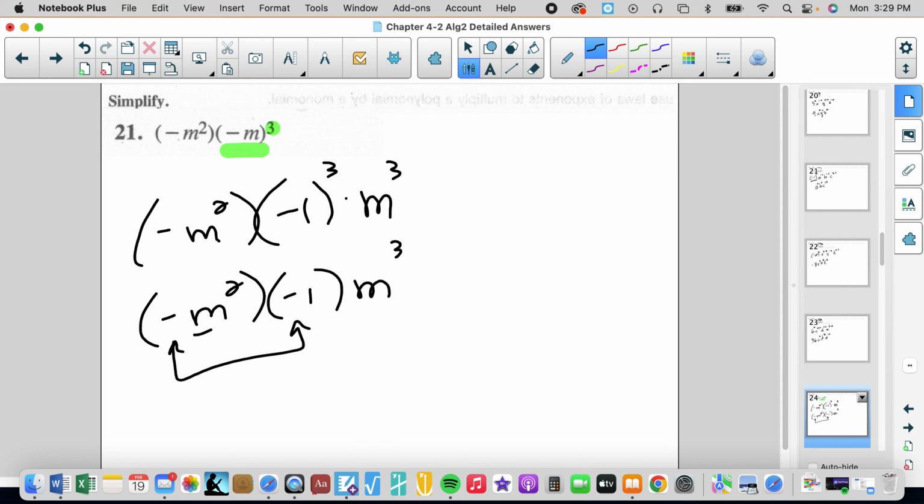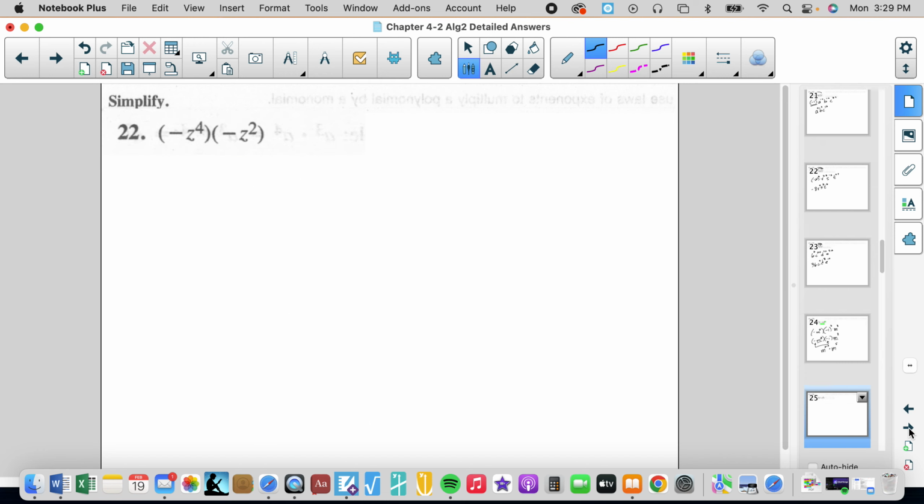We have m to the second times m to the third, m to the 2 plus 3, m to the 5th would be our final answer. All right, those exponents are inside this time, so we just have coefficients. Negative 1 times negative 1, z to the 4 plus 2, z to the 6th.